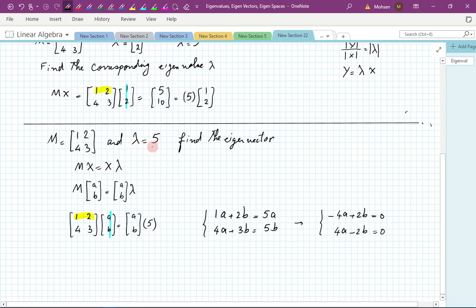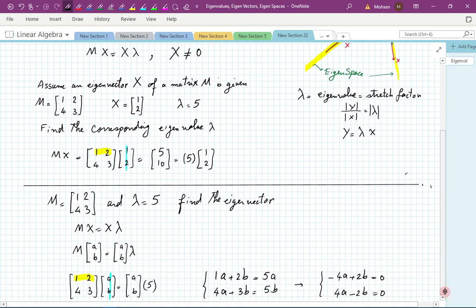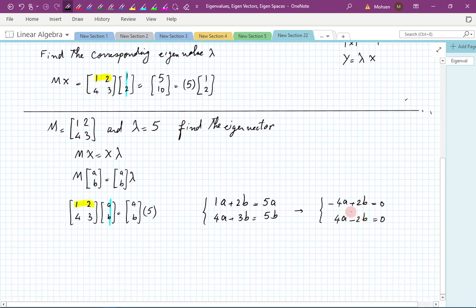If the given information is correct and we have done everything right, have not made a mistake, we end up with a situation that very loud and clear says something special is going on again. Well, what is special here? In 2 by 2 cases, each equation is a multiple of the other one.